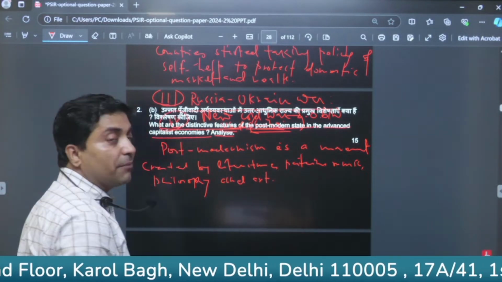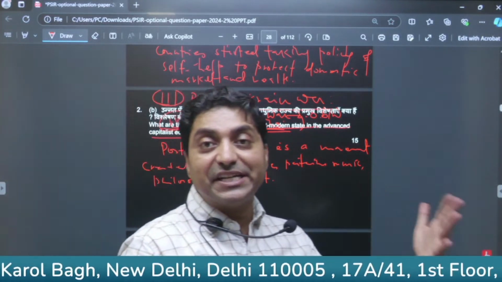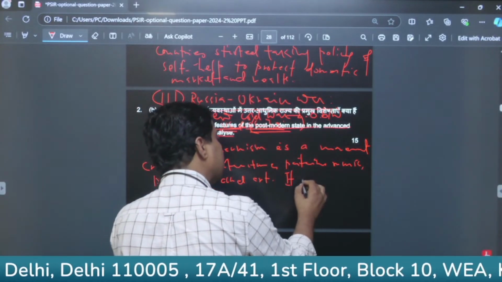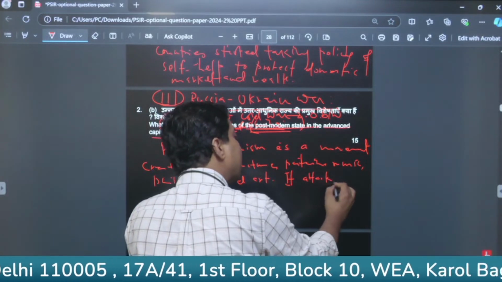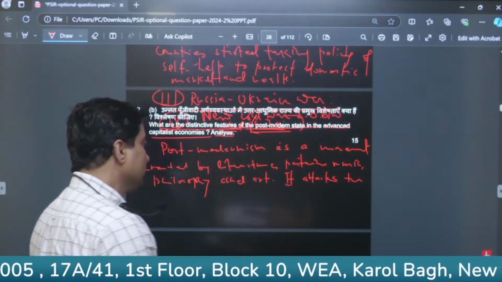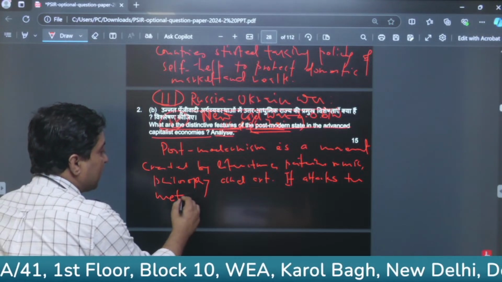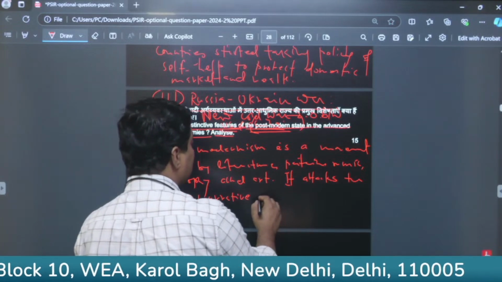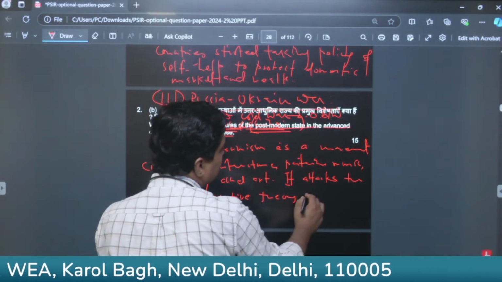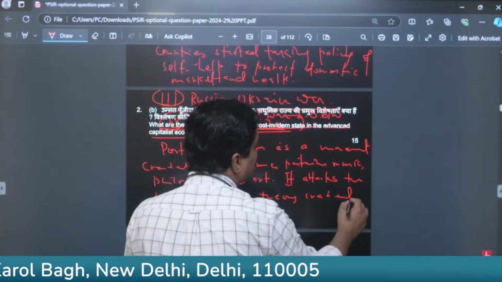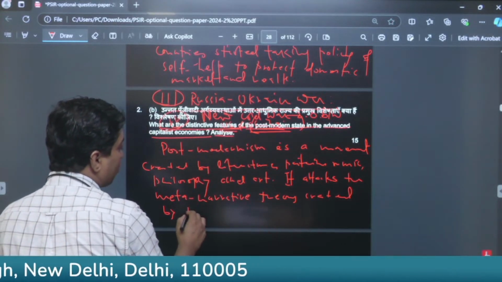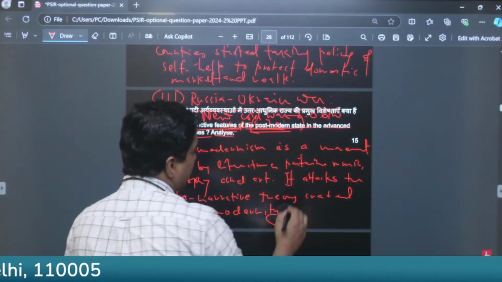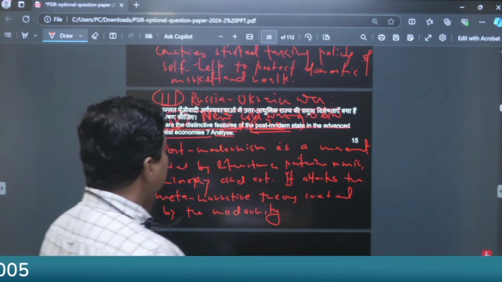It attacked the meta-narrative, the theory created by modernity. So that is postmodernism.